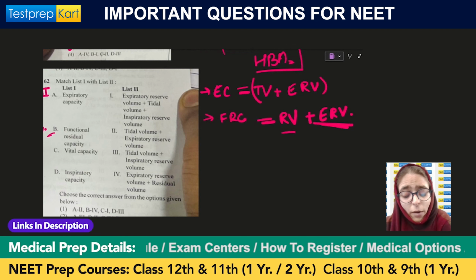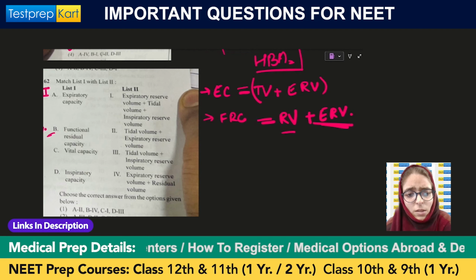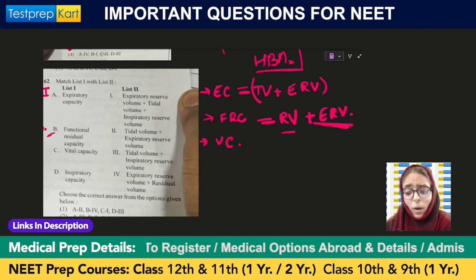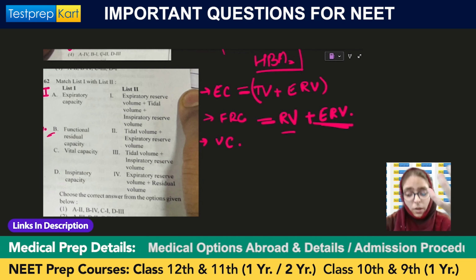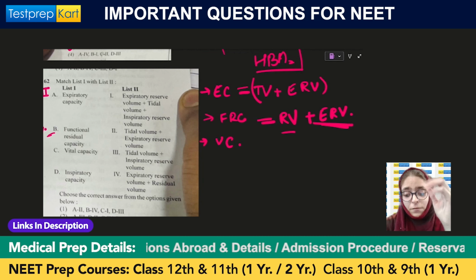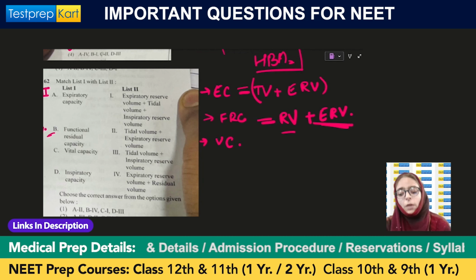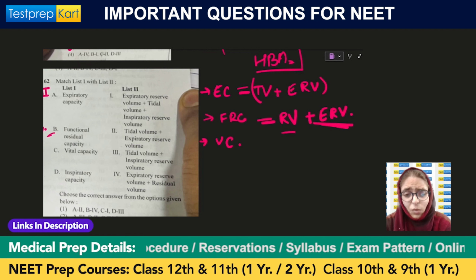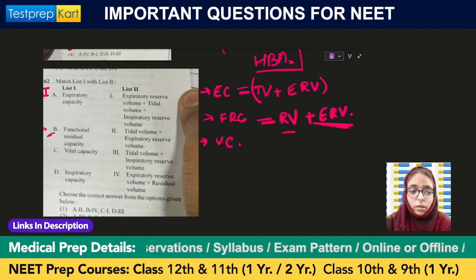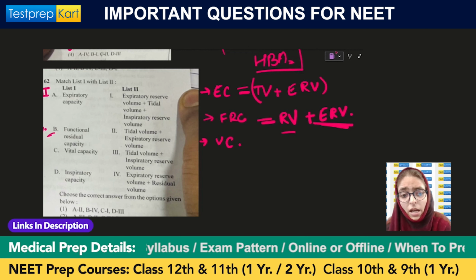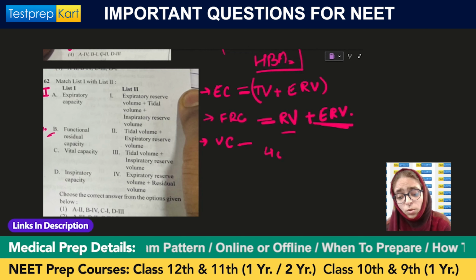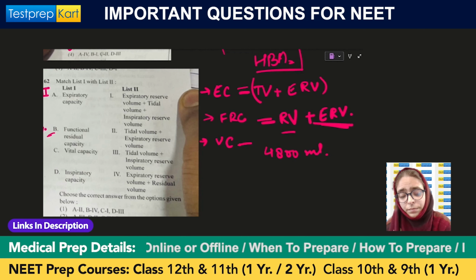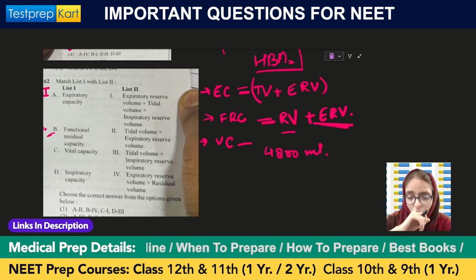Now we have vital capacity. What is vital capacity? Vital capacity is the total amount of air that is exhaled after maximum inhalation. If someone asks you the approximate total value of this vital capacity, it is around 4800 milliliters.